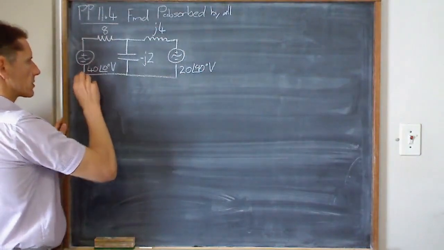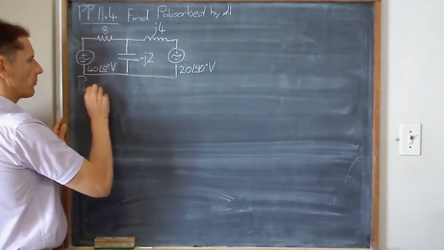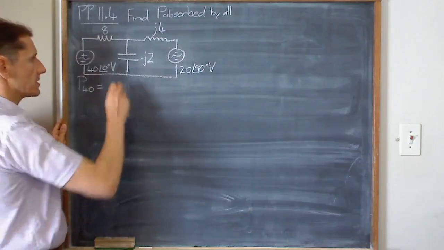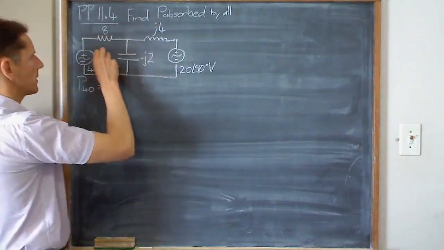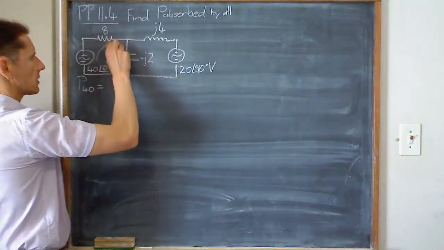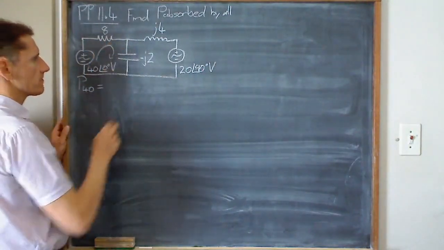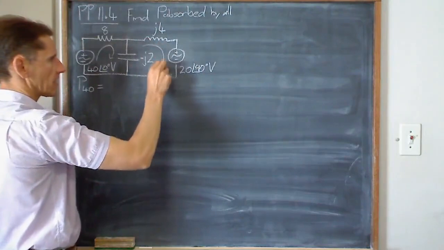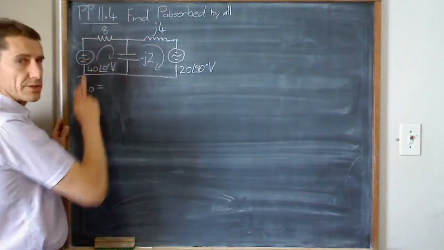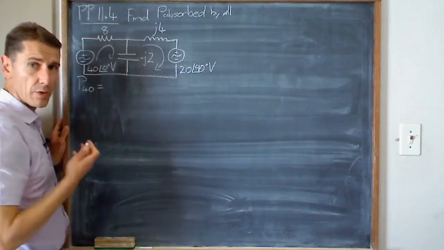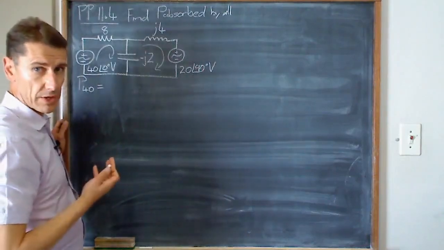Let's say, for example, P for the 40 is going to be... so the current, we'll have to choose a current direction now. Let's make this one go in this direction, and we'll make this current in that direction. So the current goes into the minus, so we're following the passive sign convention.